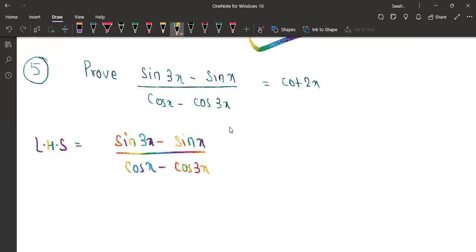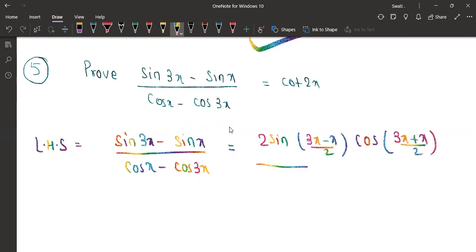In the denominator we are having the formula cos c minus cos d. So the formula of sine c minus sine d is 2 sine c minus d by 2, that is 3x minus x divided by 2, and then cos c plus d by 2, that is 3x plus x divided by 2. Upon, of course, we have the denominator.